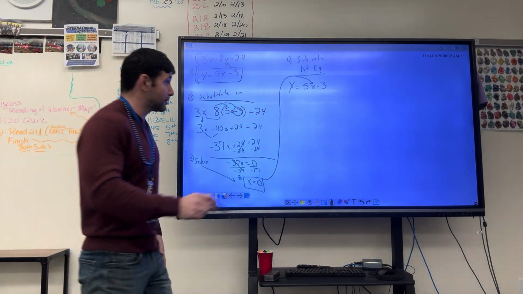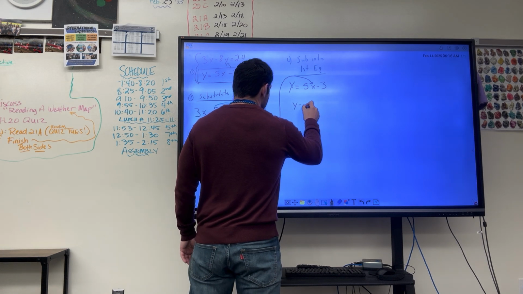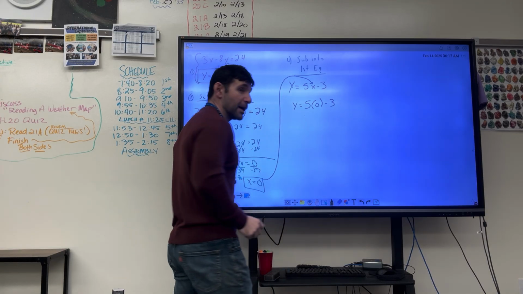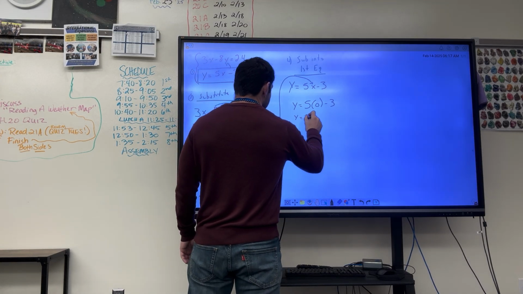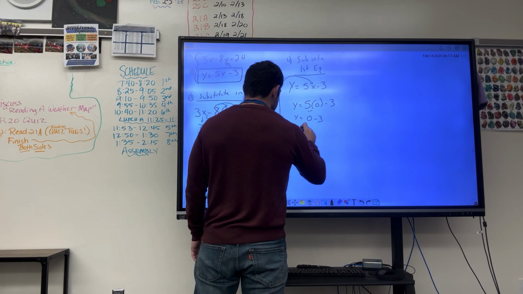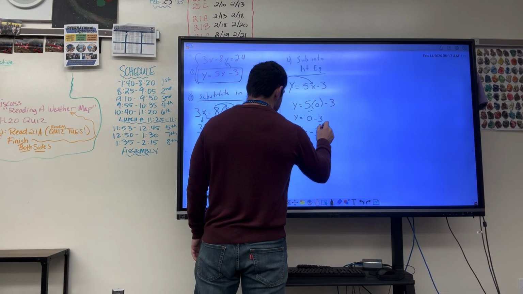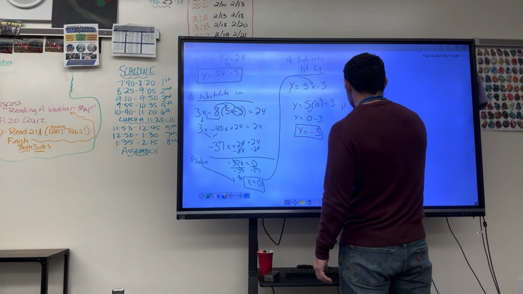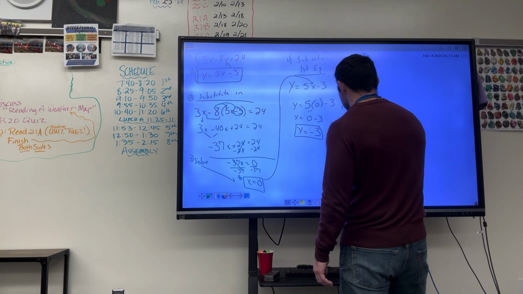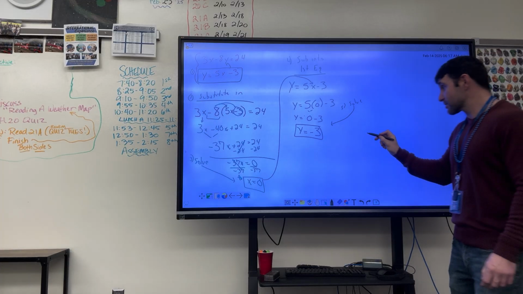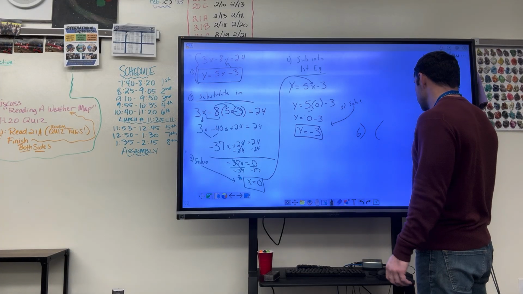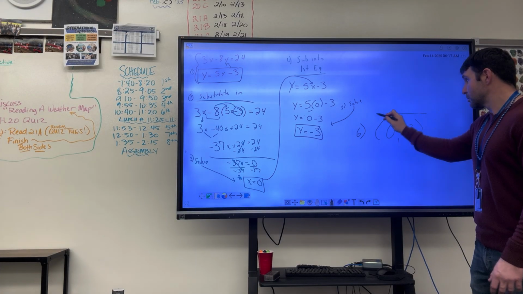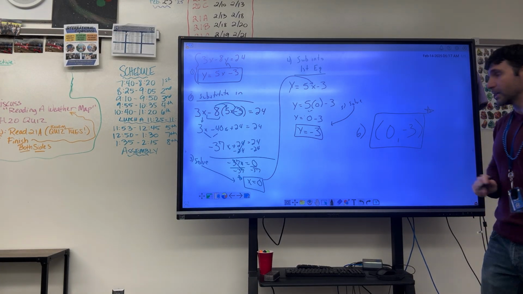X is 0. So I do y equals 5 times 0 minus 3. Y equals 0 minus 3. Y equals negative 3. So step 5 is really solve again. And then step 6 is my solution. What's my solution? Well, it's 0, comma negative 3.